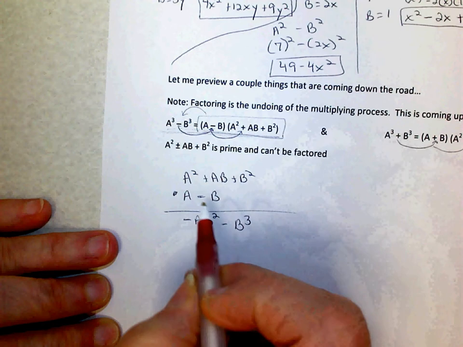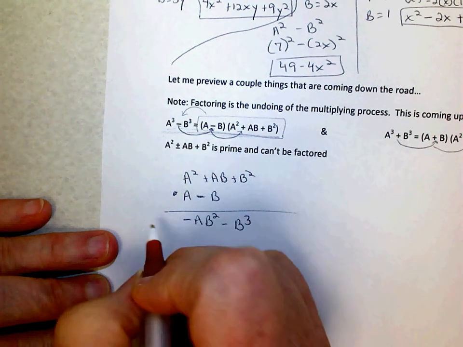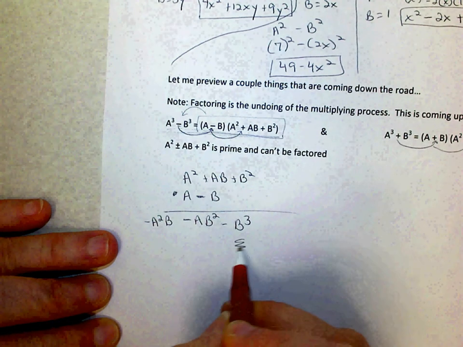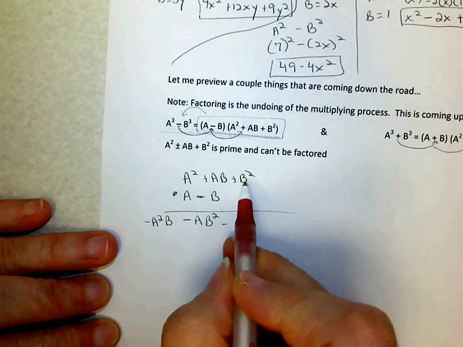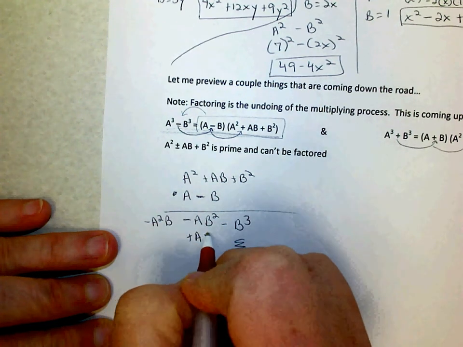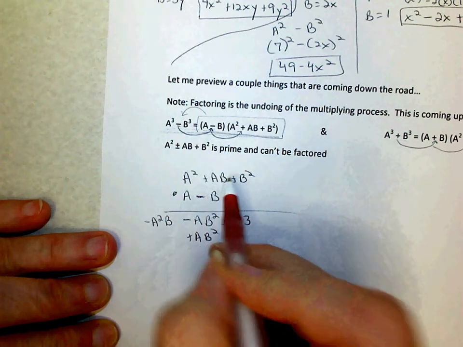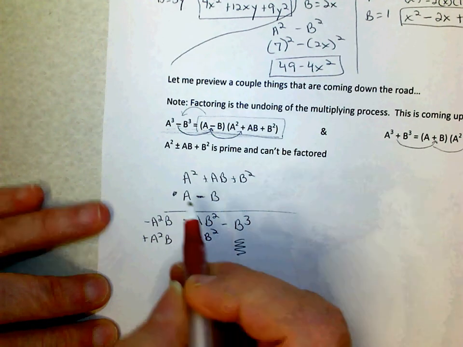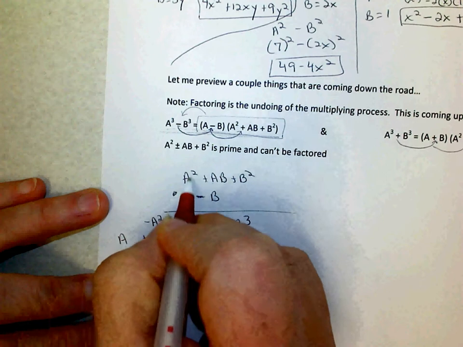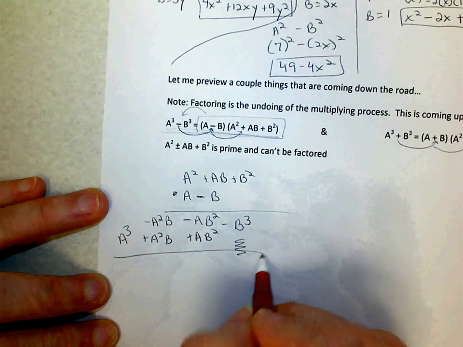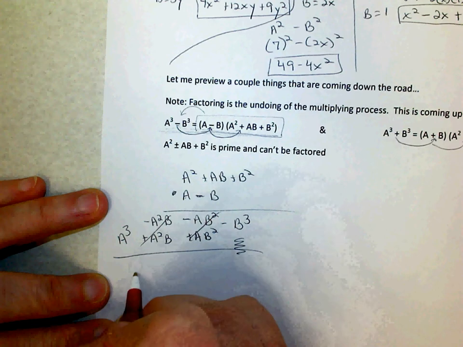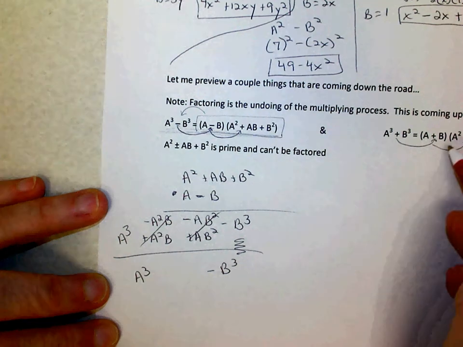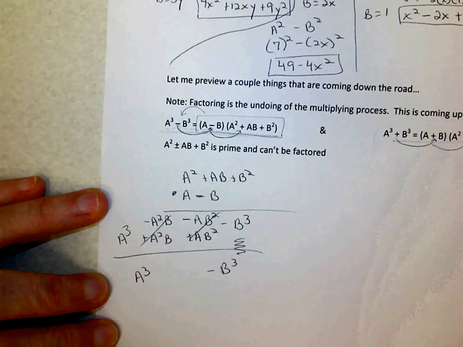Now, negative b times a squared is negative a squared b. Then a times b squared is plus ab squared. a times ab, a times a is a squared, so it's plus a squared b. And a times a squared is a cubed. In the middle things cancel, so a cubed minus b cubed. And the same thing would happen with this problem, except you get the plus in the middle.